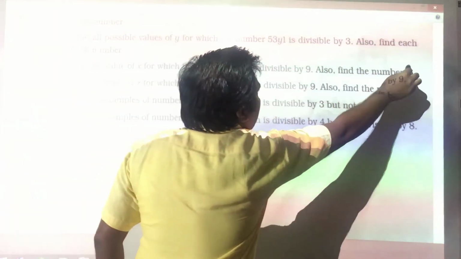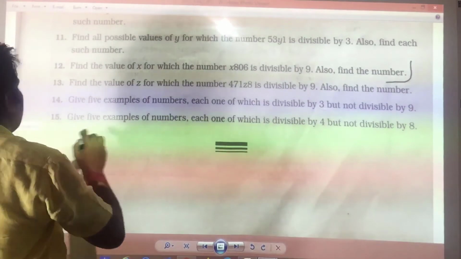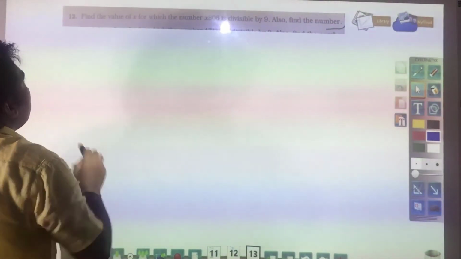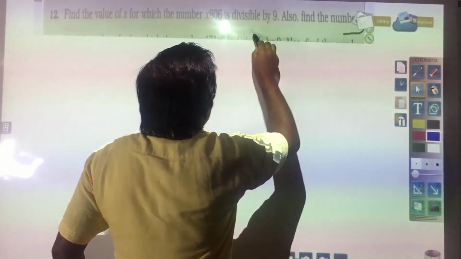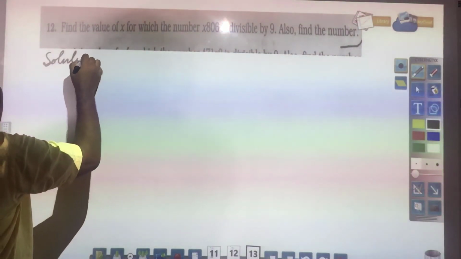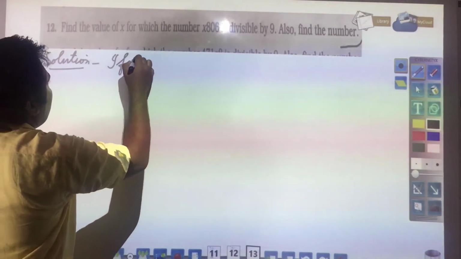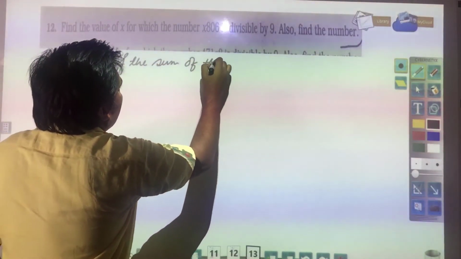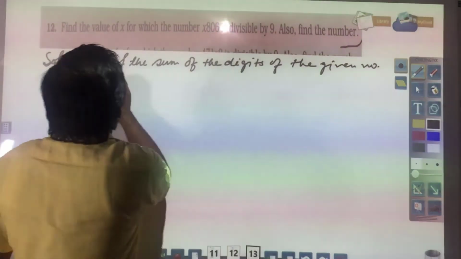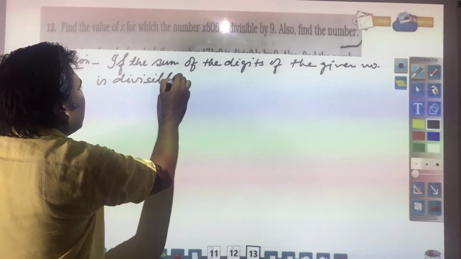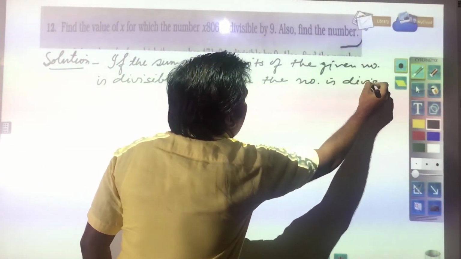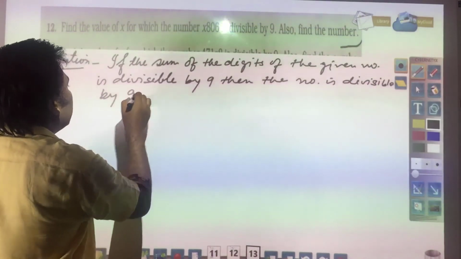Here again we will write, if the sum of the digits of the given number is divisible by 9, then the number is divisible by 9. This already we know.